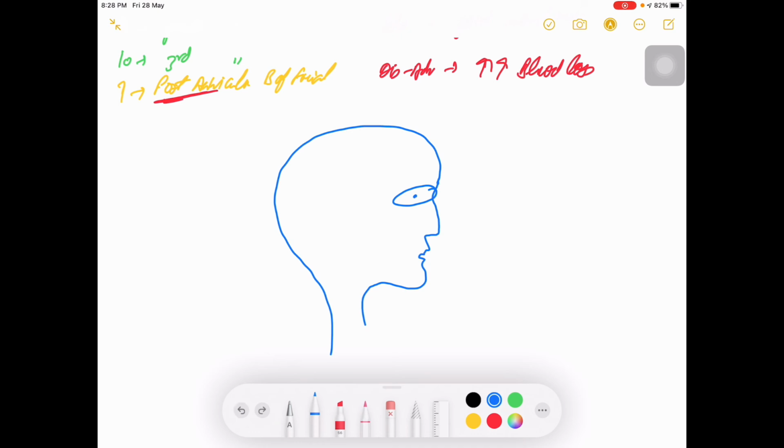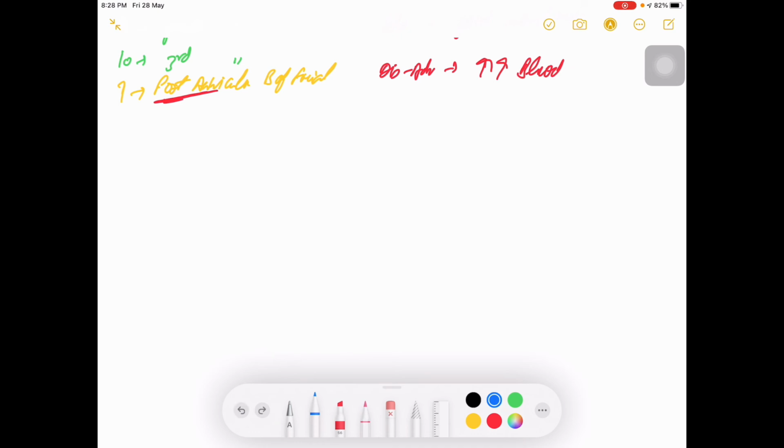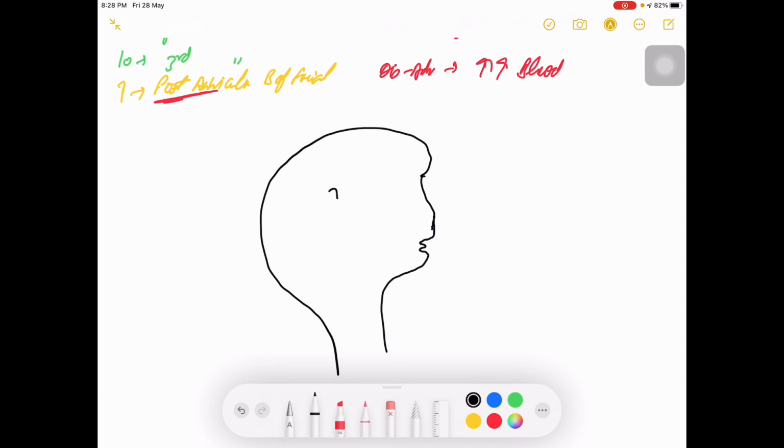I should draw it in some different color so that I can draw the veins in blue. Okay, so this is your eye.